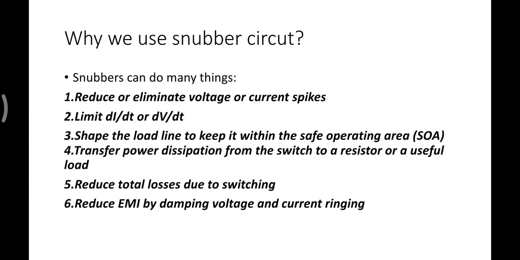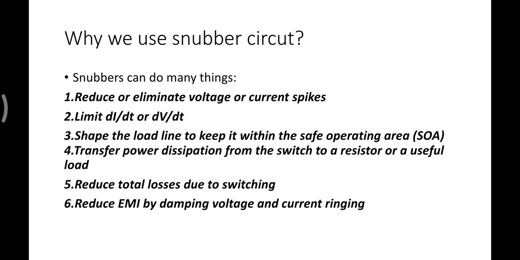Next, why are we using this snubber circuit? Snubber circuits help in many ways. Let's see what the uses are. The first one is that it reduces or eliminates voltage or current spikes.